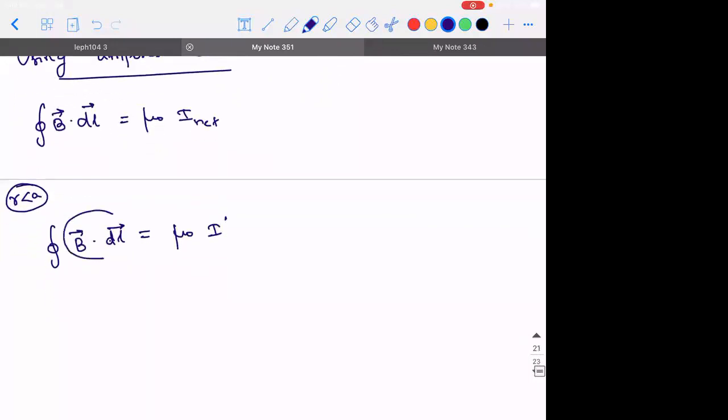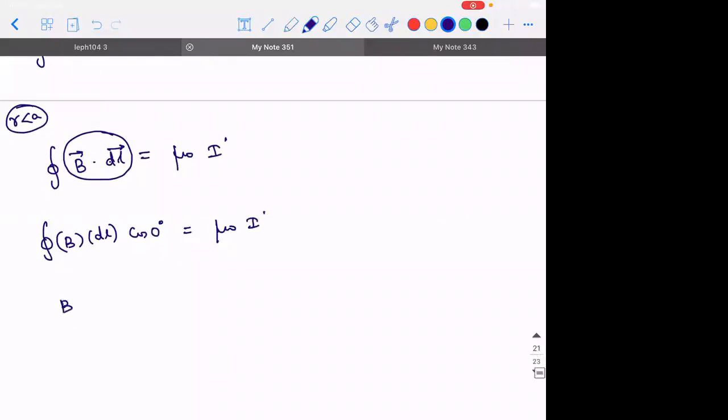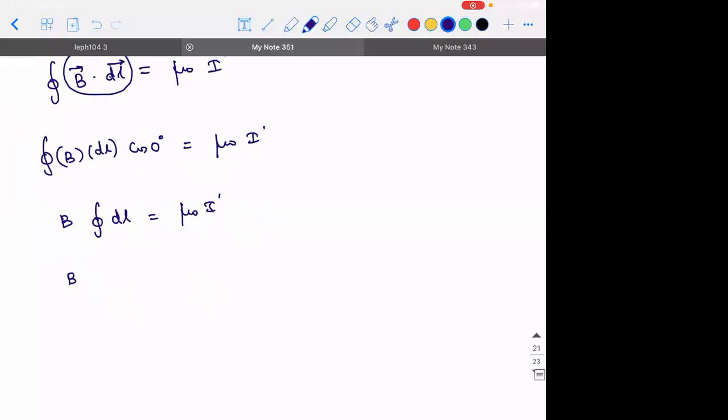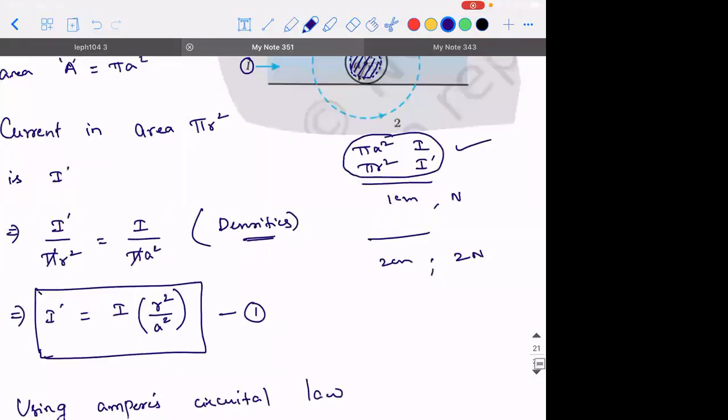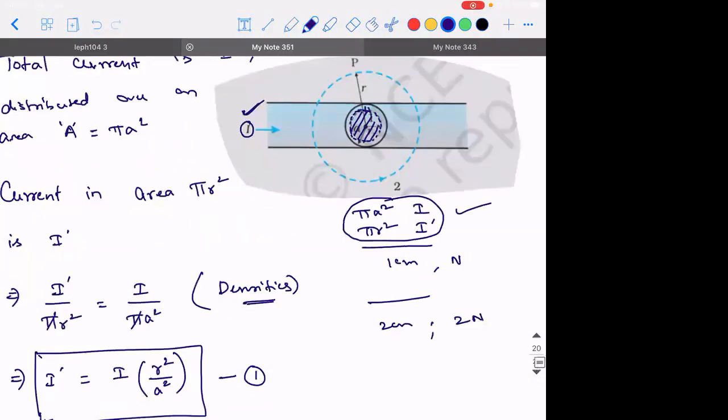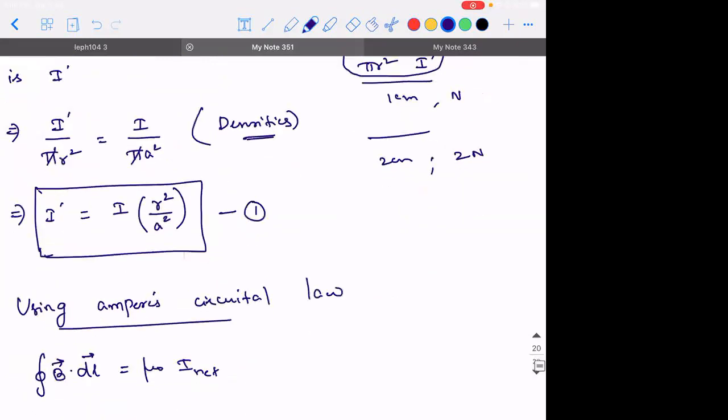Now, we also know that the angle between B and dl is going to be the same. So the line integral of B into dl into cos 0 degrees will be equal to mu naught into I dash. If you take B outside, B into line integral of dl will be equal to mu naught into I dash. What will be the line integral of dl, guys? If you add all the dl's on the circle, it is going to give you the circumference.